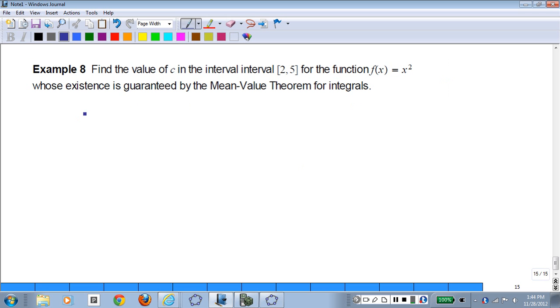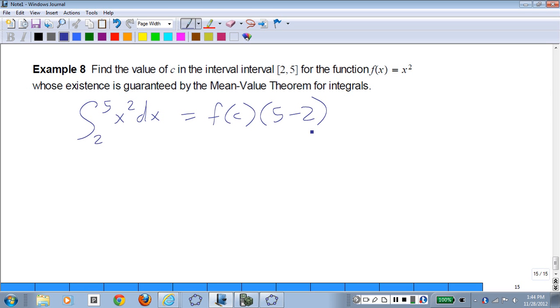Well, I want the integral from 2 to 5 of x squared dx to equal f of c times 5 minus 2 for some value of c.